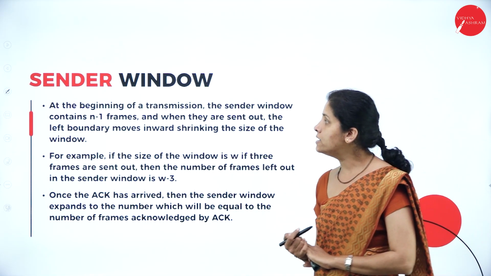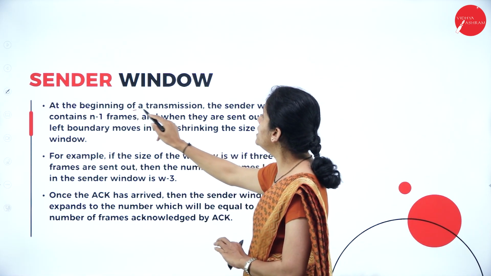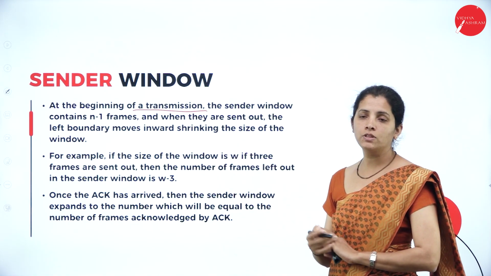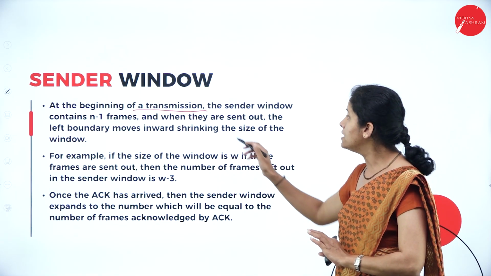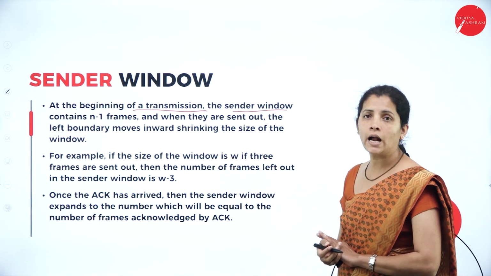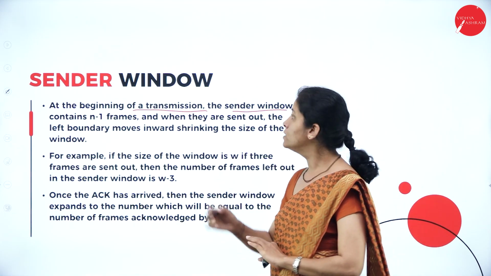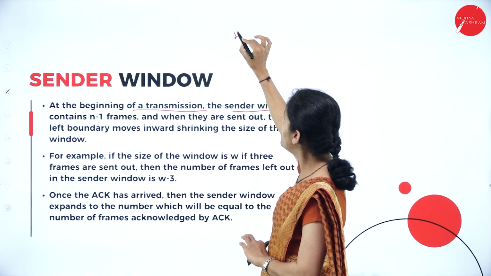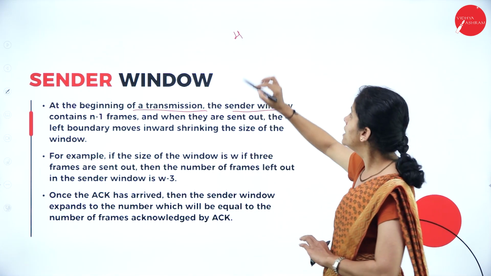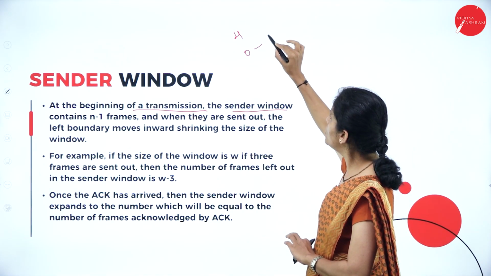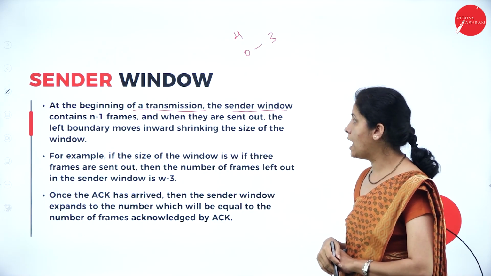And see here, at the beginning of a transmission, so this is at the sender side, the sender window contains n-1 frames. So, if n is 4, then how many frames? It is 0 to 3 frames.